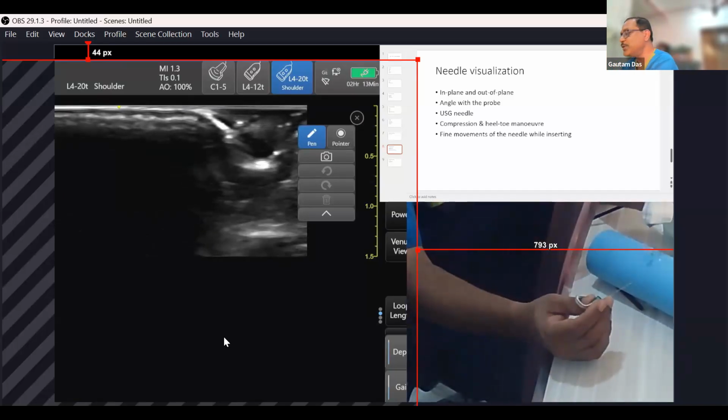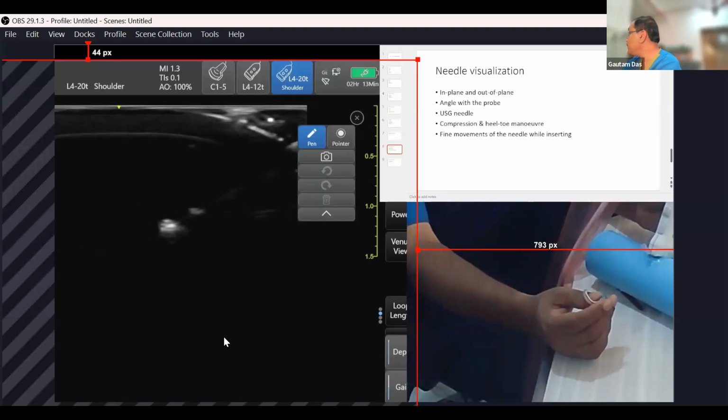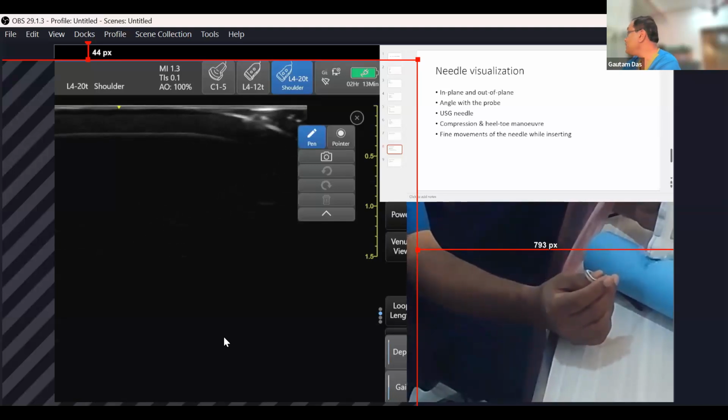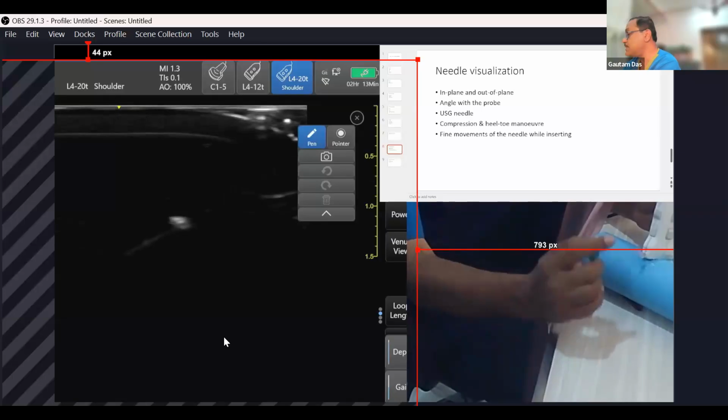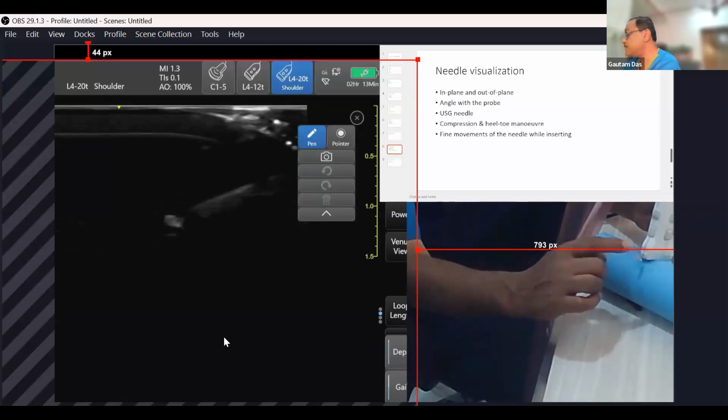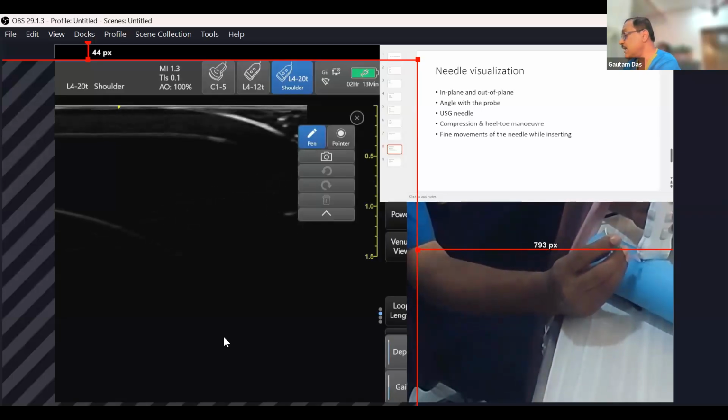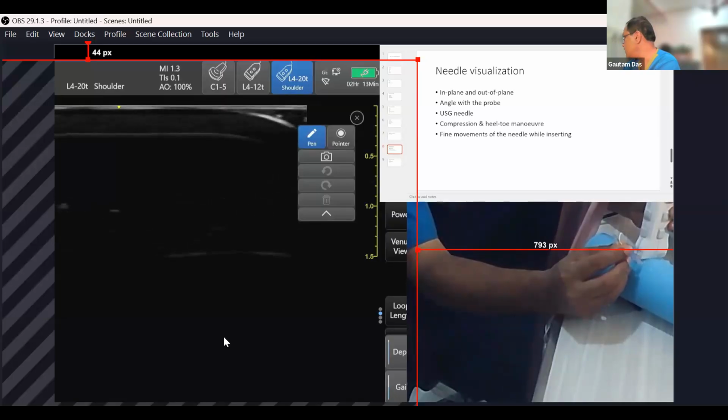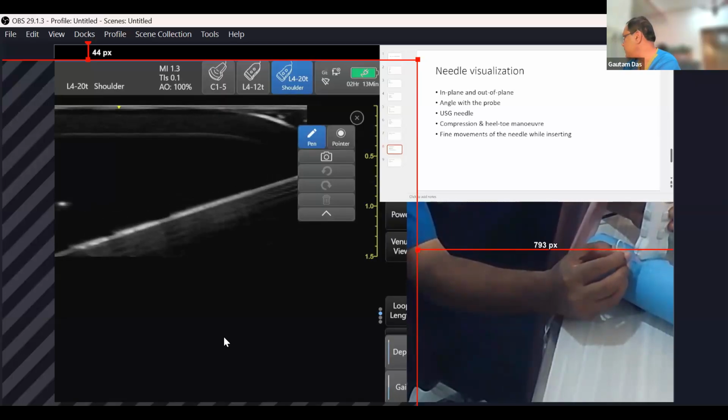I'll show you the difference between these two. You see the needle visibility here, at this angle it is not that visible. If I change the angle, it is visible. But you see at this angle also, this ultrasound needle is better visible. At this angle, it is visible very nicely.